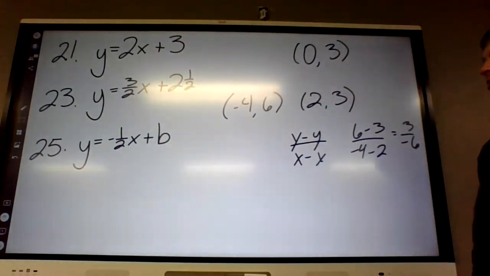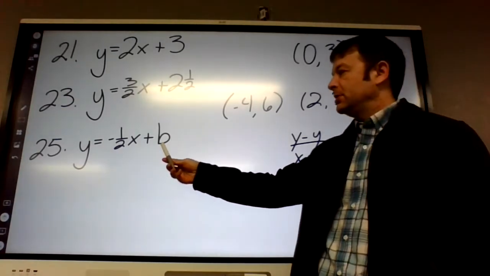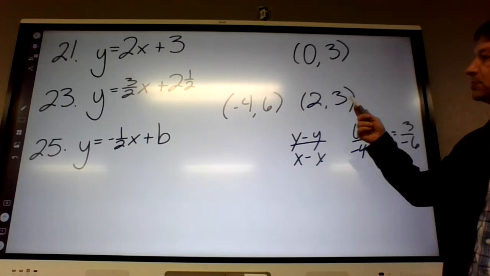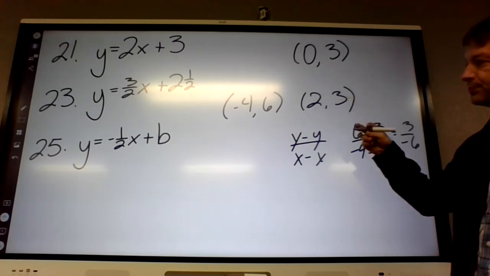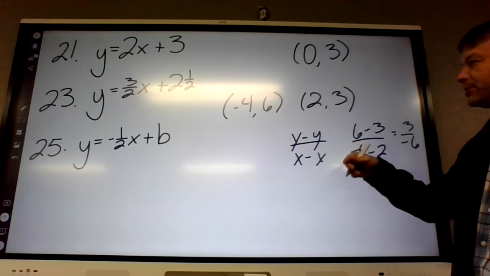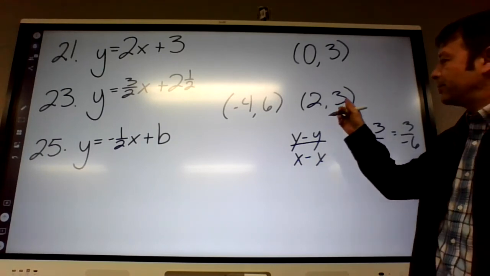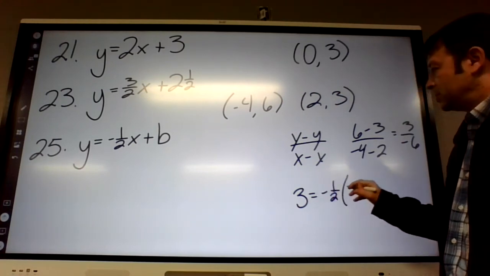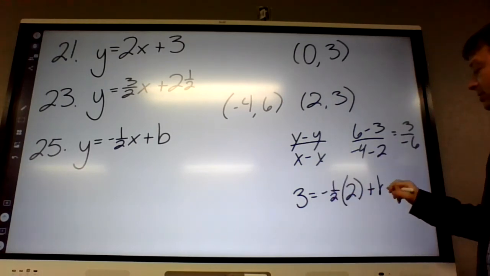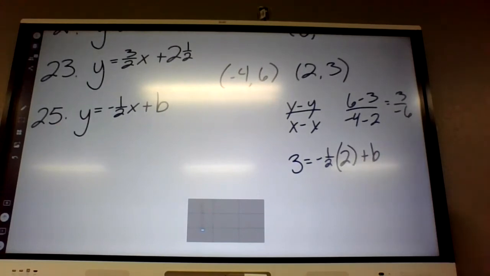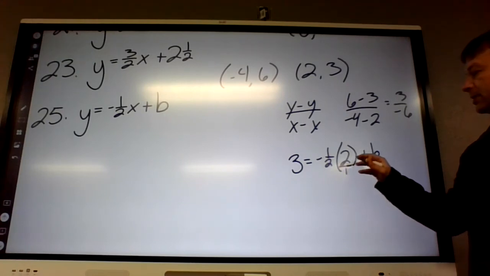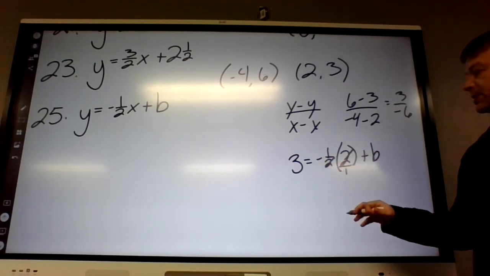Wouldn't you plug in one of the points? To find the y-intercept, the b value, let's plug in the first one. I need to plug in one of these. Well, the first one, because the first one has a negative, which would make the -1/2 a positive. Oh, these are smaller though. I'll plug this one in. So 3 goes for y, 2 goes for x. What's -1/2 times 2? Alright. 2/1, those 2's cancel out.